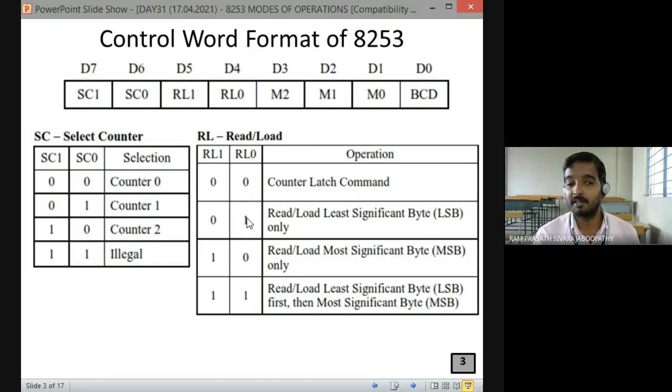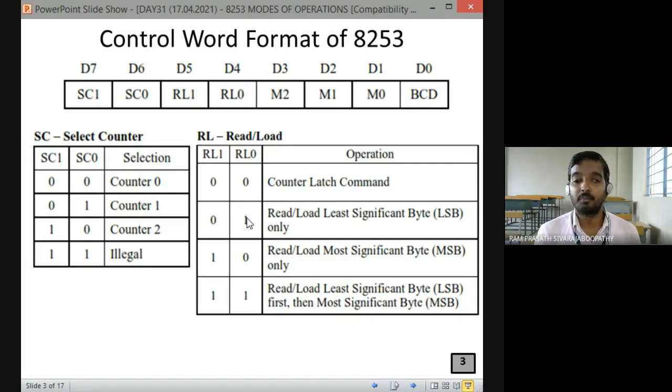The remaining portion I think you people can understand. 0 1 means what? See, as your counter is a 16-bit register, you cannot write a 16-bit value in a single write operation. Fine. So what do we have to do? Either we can modify only the LSB, least significant byte, the lower 8 bits of the count value, or I can modify the upper 8 bits of the count value.